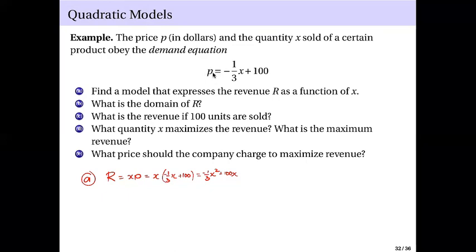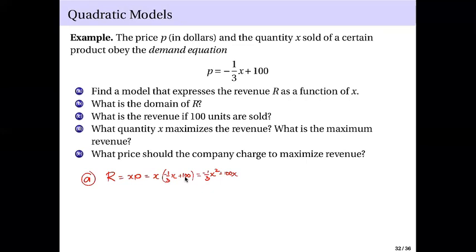So you want your P to be positive, and that will contribute to the domain of R. You cannot have negative price. So you want your negative 1/3 x plus 100 to be greater than 0.